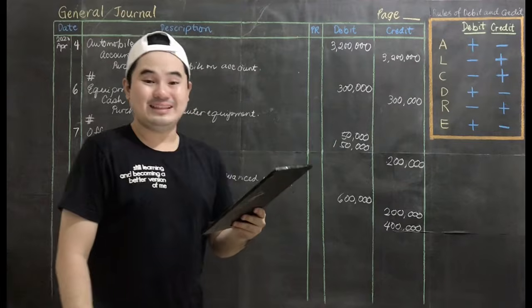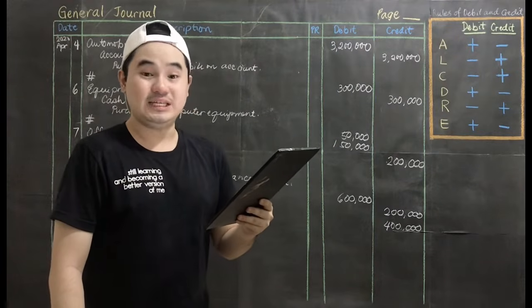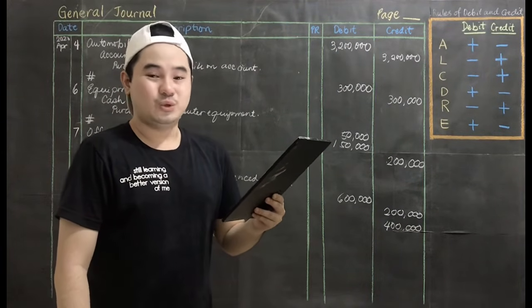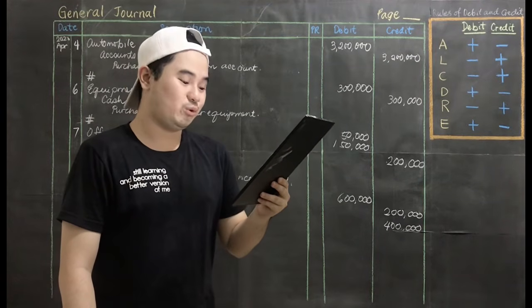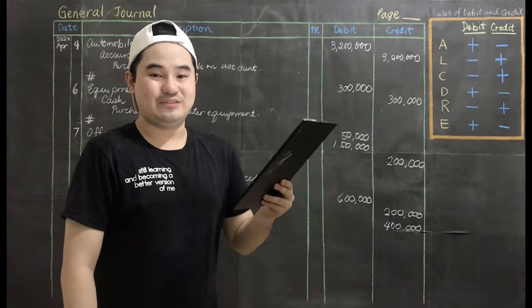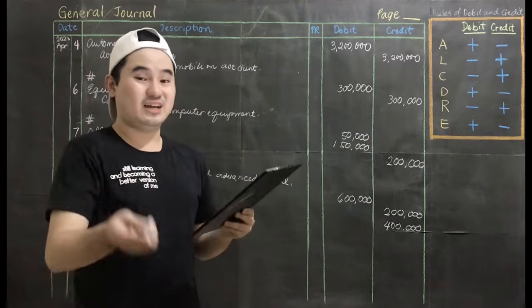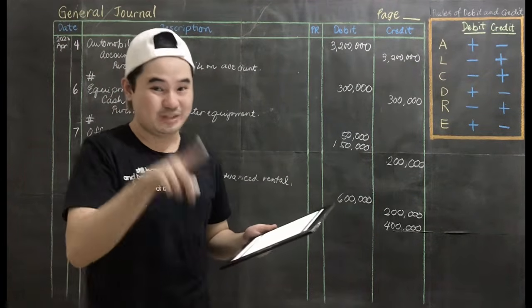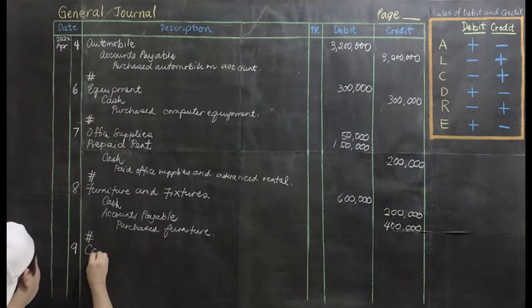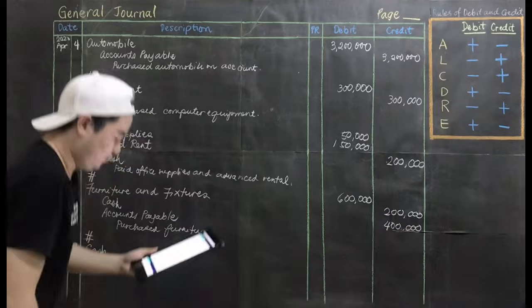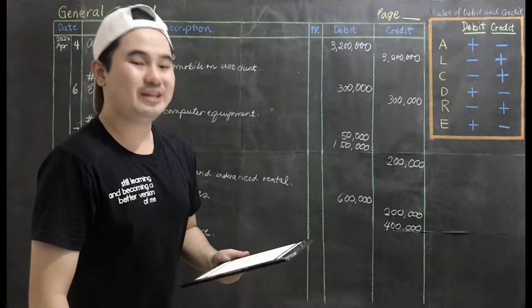So, ito yung sa Batanes, 7,316 for 10 persons. So, 7,316 times 10 persons na nagbayad sa'yo, ang total cash na na-receive mo is 73,160. Masasanay ka, naka-receive ka ng cash, so debit cash for 73,160.